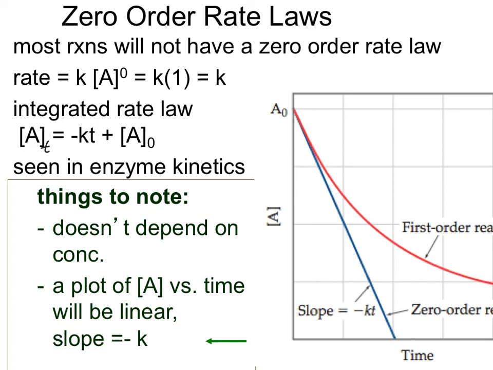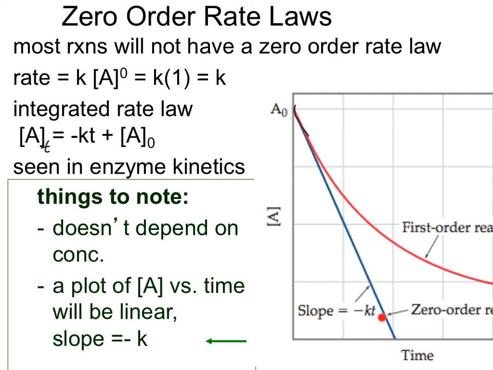Okay, so what do I mean by that? Well, the rate of your reaction for, say, a first order reaction, as you can see, as the concentration changes, the rate of your reaction is also going to change, right? Okay, so as time progresses, this line kind of flattens out because the rate of the reaction is actually dependent on the concentration of your reactants.